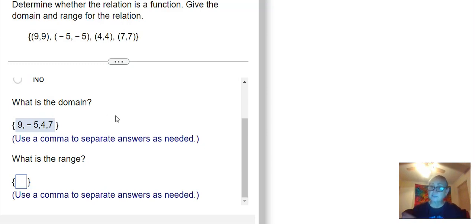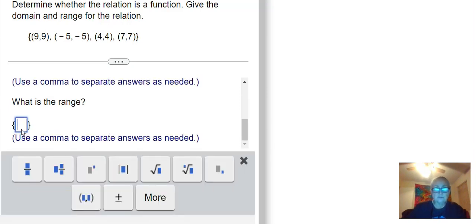The range is the set of output second values, or in ordered pair X, Y, it would be the Y values. So 9, -5, 4, and 7. It just happens to be the same as the input values, the domain values, but that's not necessary. But they are, all of the Y values are our range.